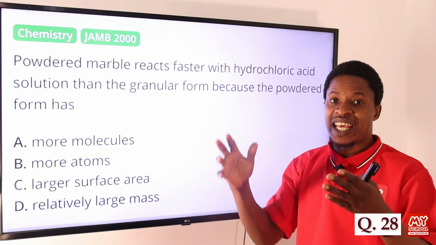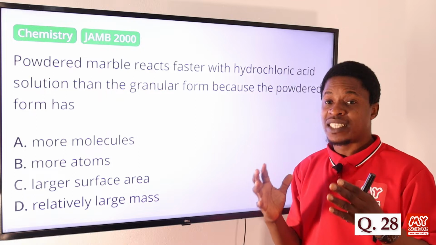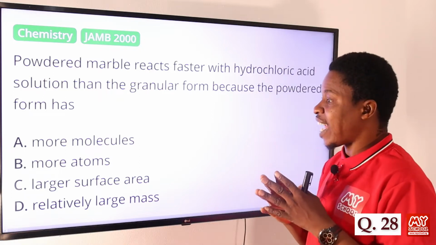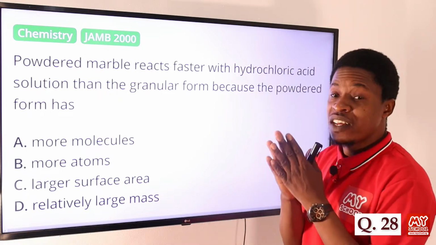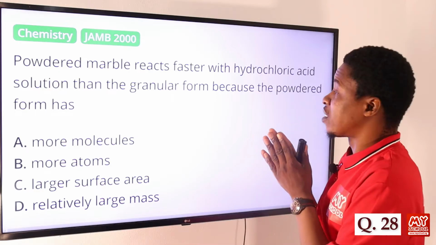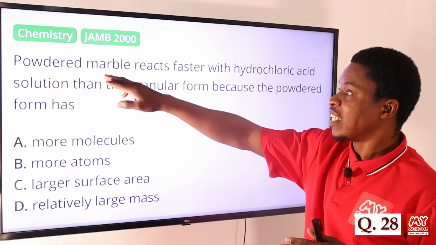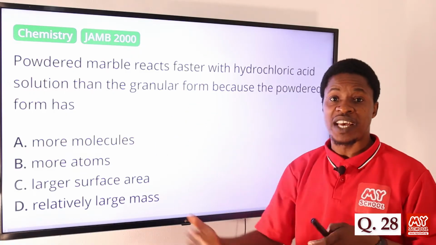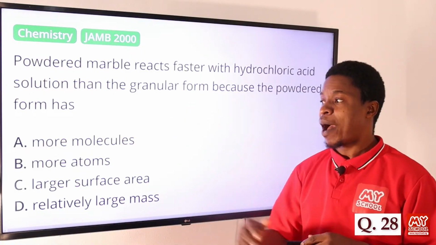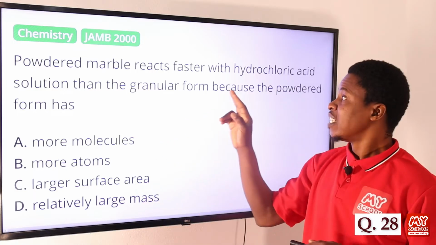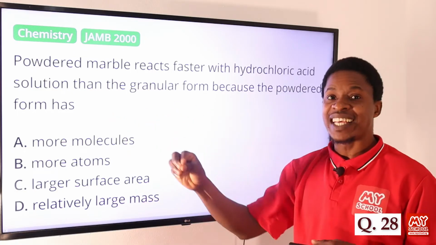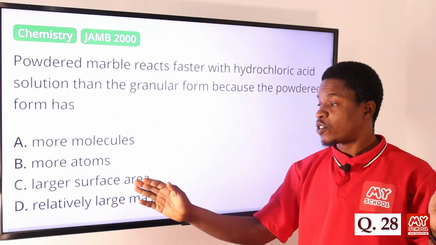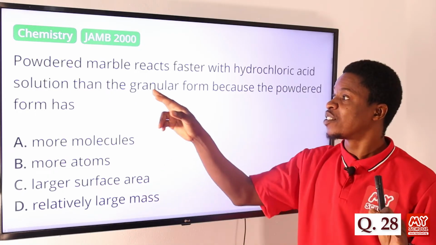Okay, so we say that the larger the surface area of the particular substance in powdered form, the faster the rate of reaction that is going to take place. So among these options, it is because the powdered form has a larger surface area compared to what?